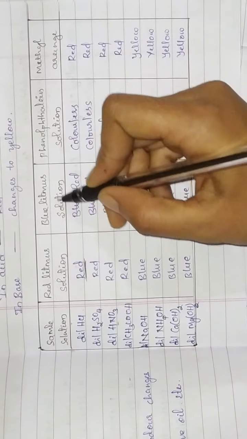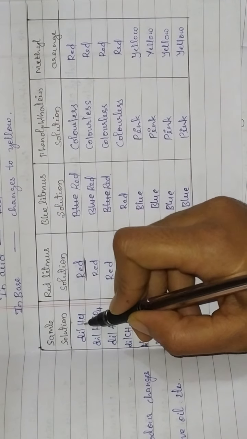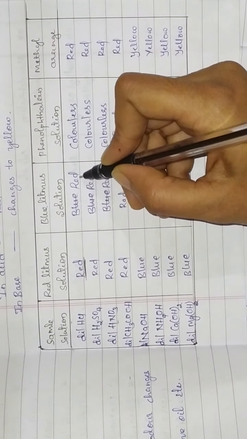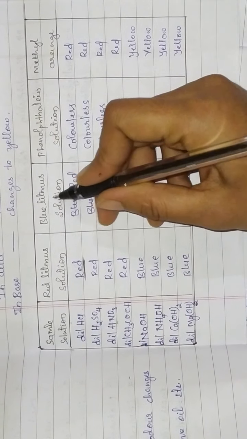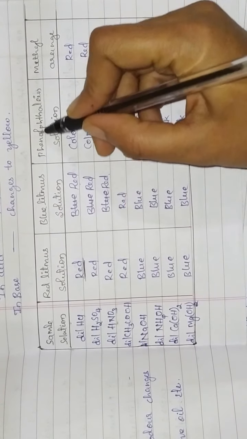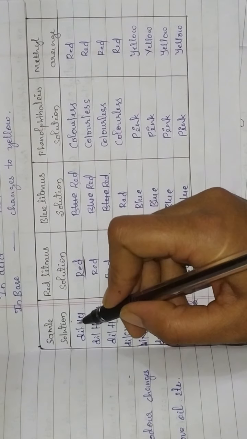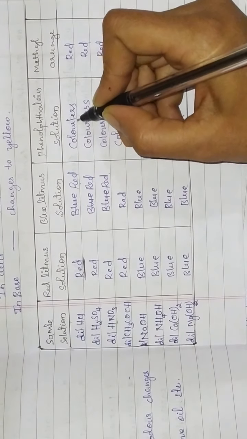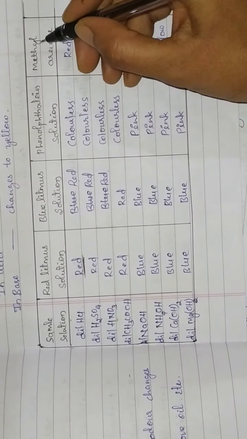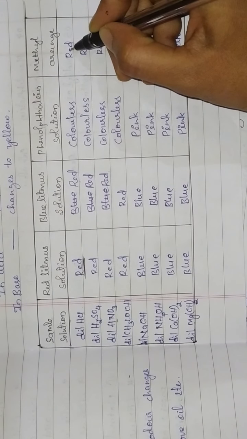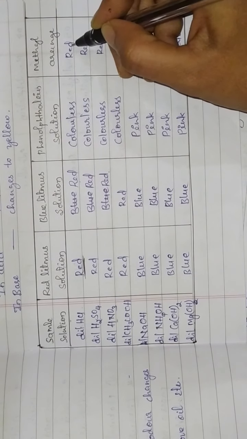But when blue litmus solution is placed in this dilute HCl, its color changes from blue to red. When phenolphthalein solution is added to the acid, the color of the acid remains colorless, but when methyl orange is added, its color changes from yellow to red.